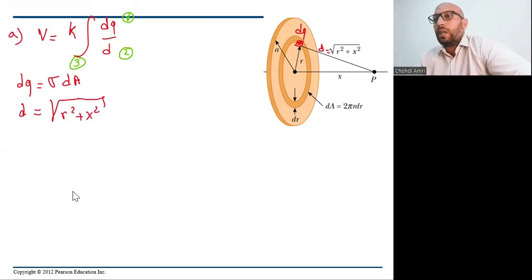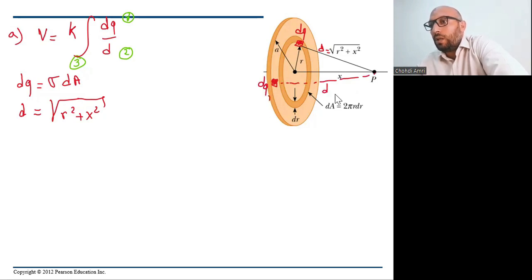So what are we going to do in this case? dq is not constant. If we take another location of dq over here, we have a distance d1. Let's say this is dq1. d1 is different from d.